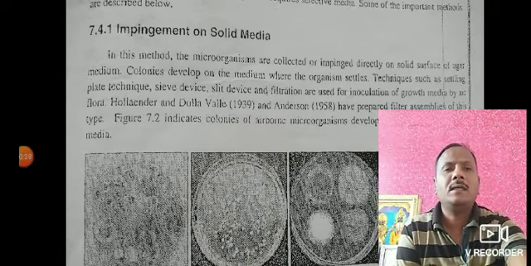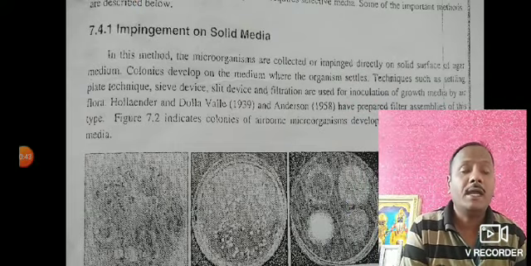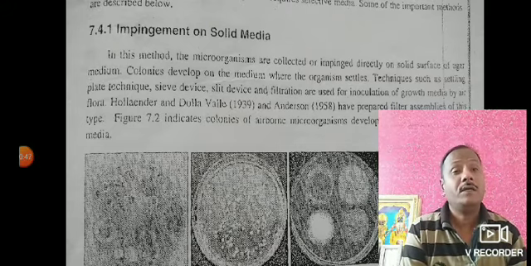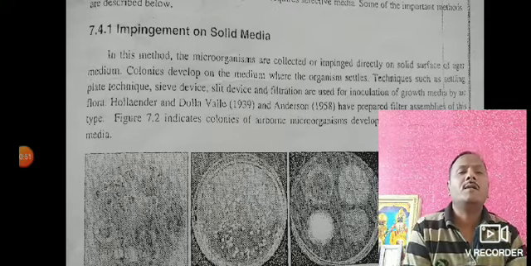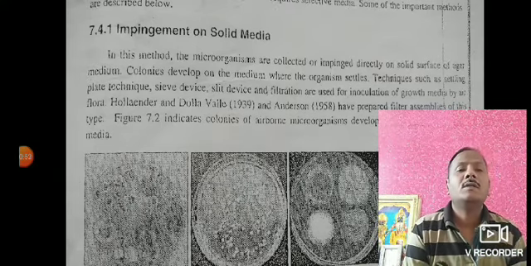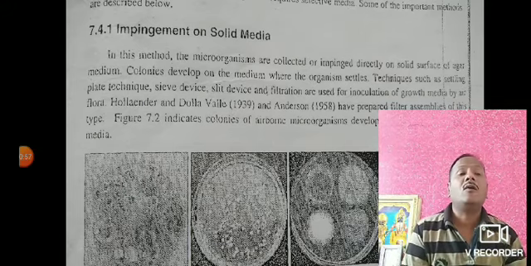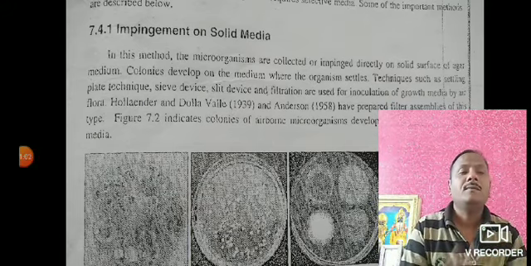One is impingement on solid media, and the second one is impingement on liquid media. Impingement on solid media means that the microorganisms are collected on solid agar medium.